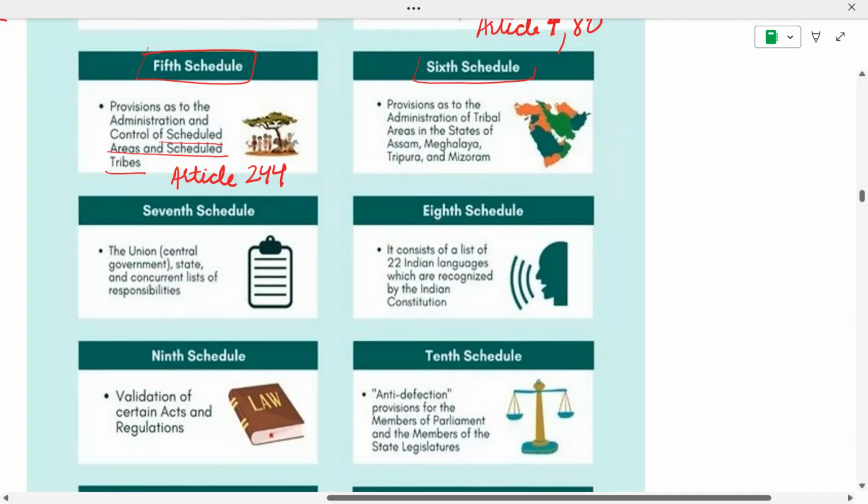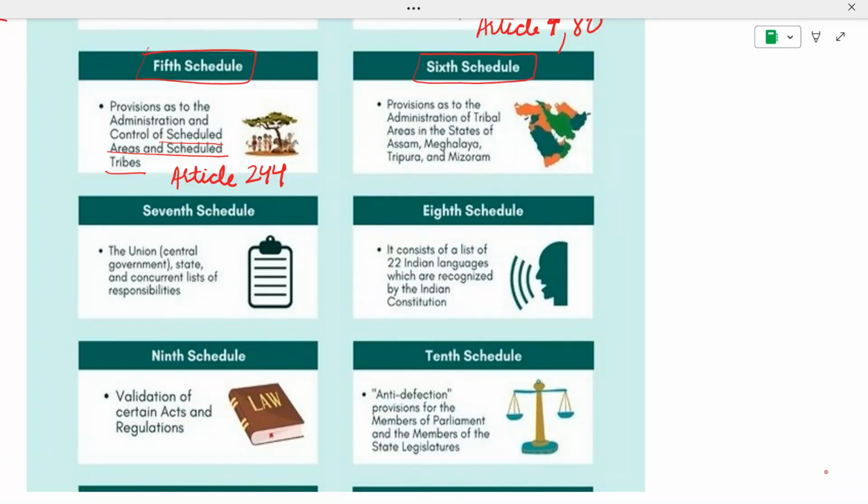Now the sixth schedule. The sixth schedule contains the provisions relating to the administration of the tribal areas in the states of Assam, Meghalaya, Tripura and Mizoram. So for these 4 states, the provisions for their administration are mentioned in the sixth schedule.